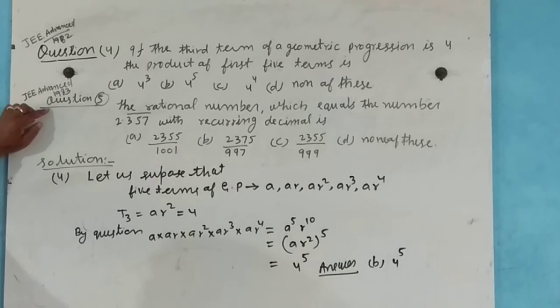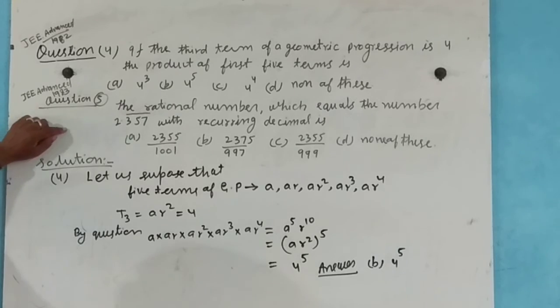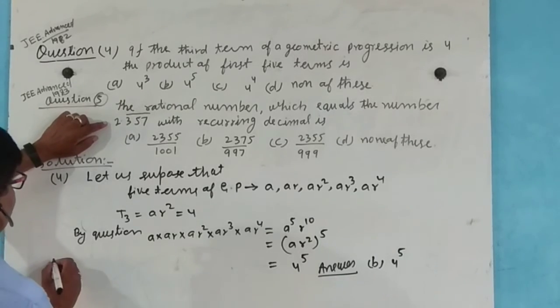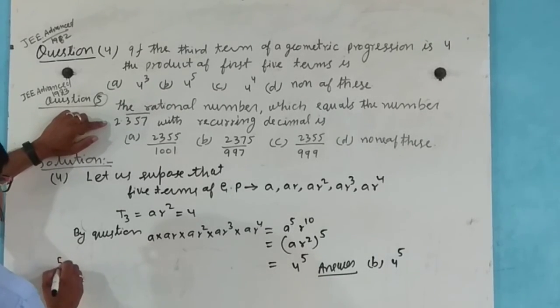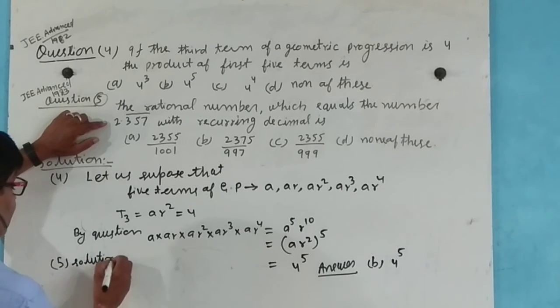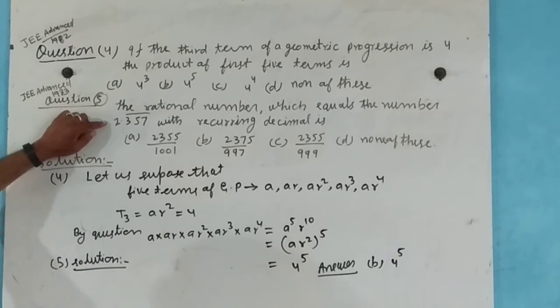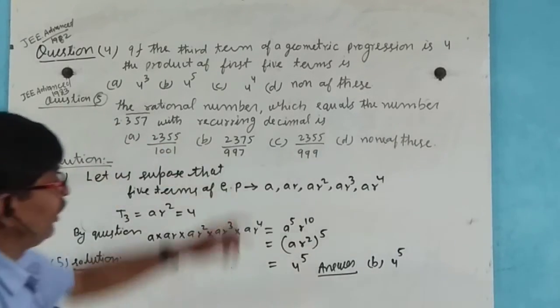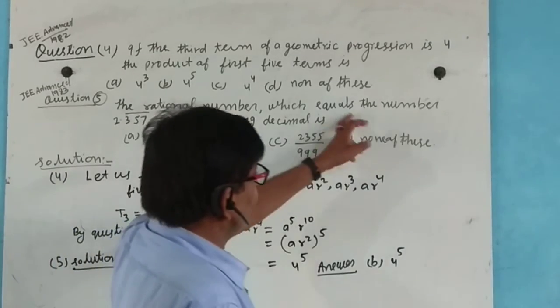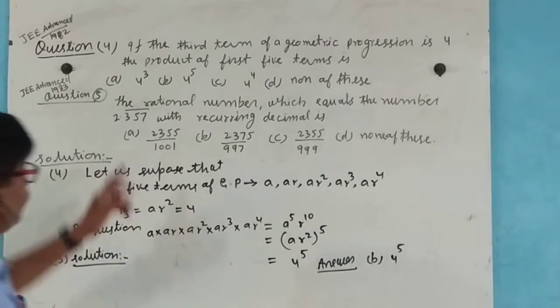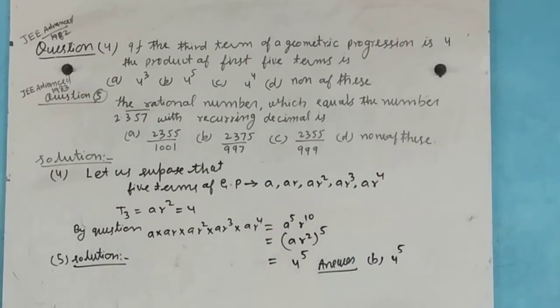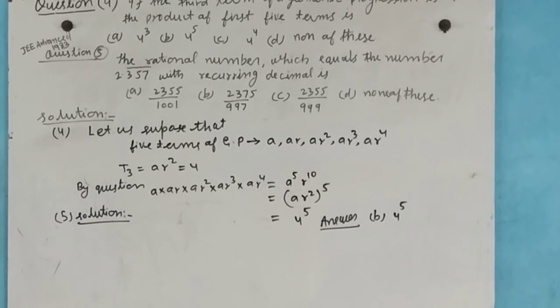Now question number 5. This asks in the JEE Advanced 1983. Here in this case question number 5 solution. Here the rational number which equal the numbers 2.357 in this case.